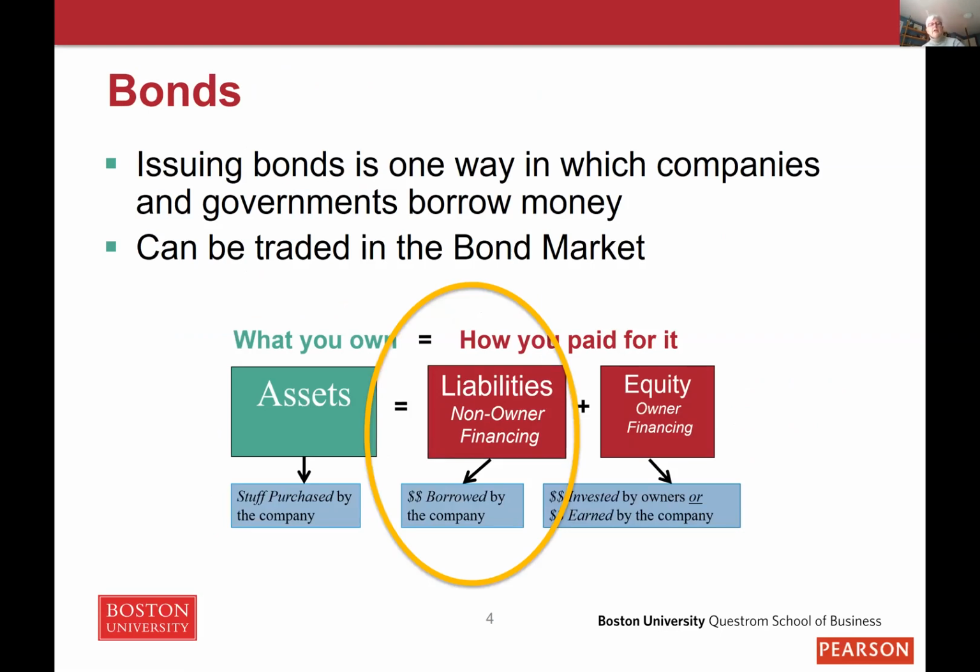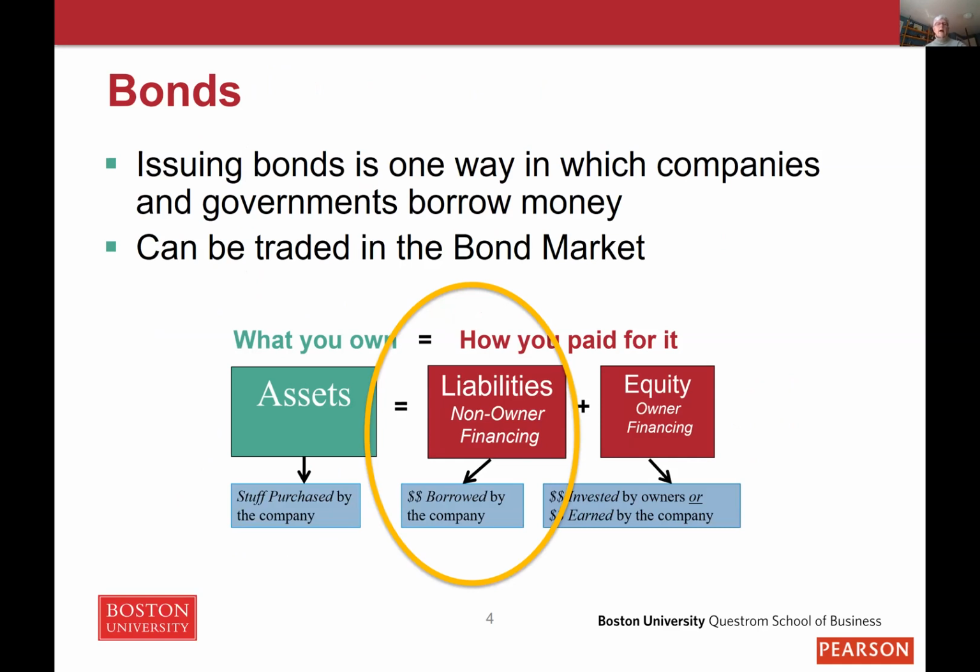So issuing bonds is one way in which companies and governments can borrow money. A bond is debt, and they get traded on the bond market. When you issue a bond, you are selling your debt, and you owe the bondholders money.